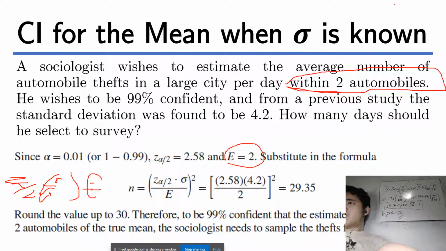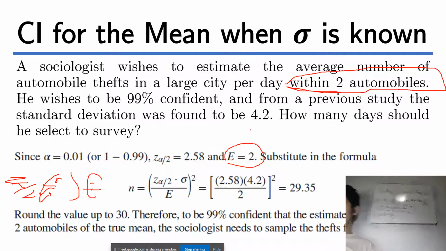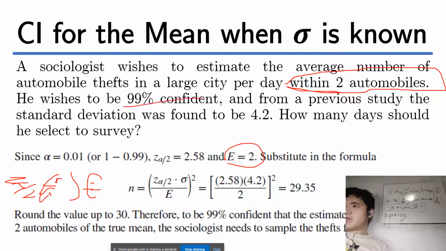Yung sample size is yung number of days. Kasi ang kinukuha niya, ang number of automobile thefts in a city per day, no? Yung sample size niya is a day, no? Yun ang sample size niya, yung day. Okay. 99% confident. Tapos yung standard deviation was found to be 4.2. How many days should he select to survey?